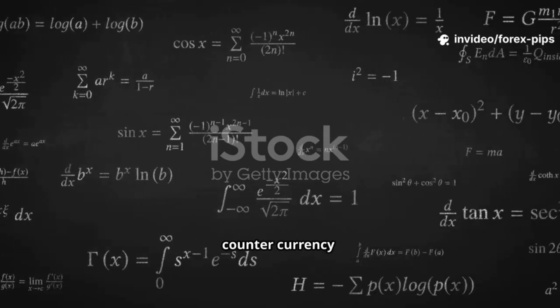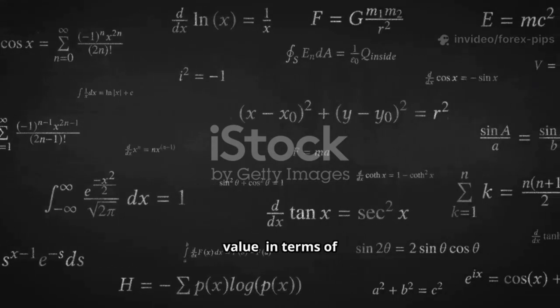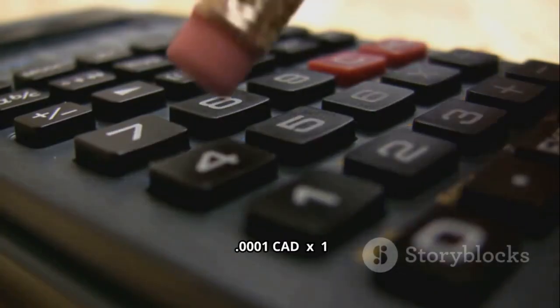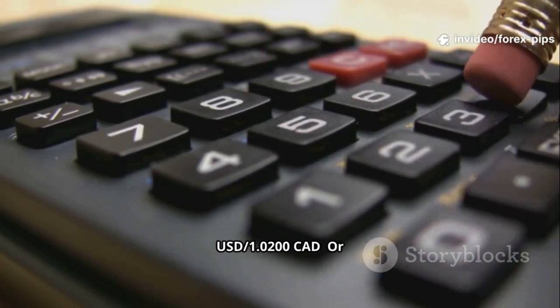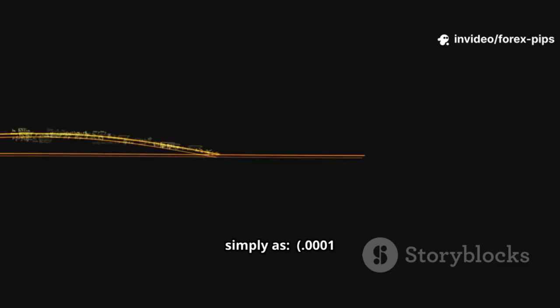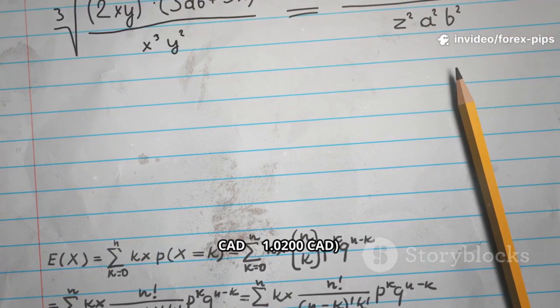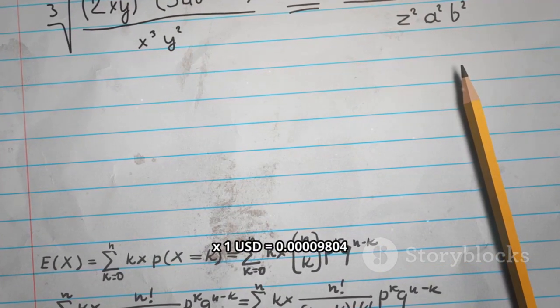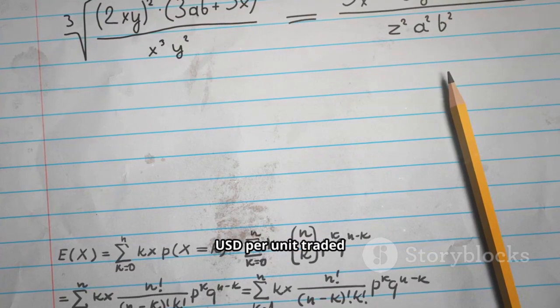The value change in counter currency, times the exchange rate ratio = pip value in terms of the base currency. 0.0001 CAD x 1 USD/1.0200 CAD, or simply 0.0001 CAD/1.0200 CAD x 1 USD = 0.00009804 USD per unit traded.